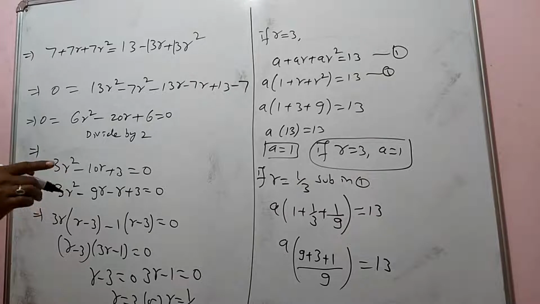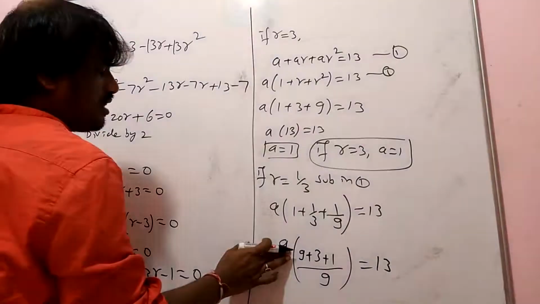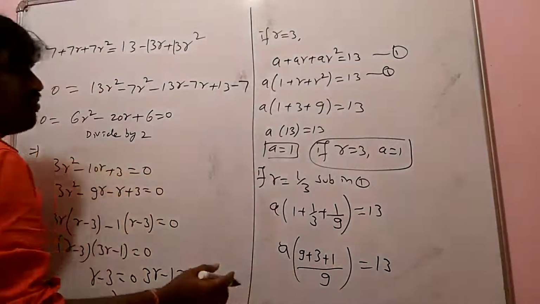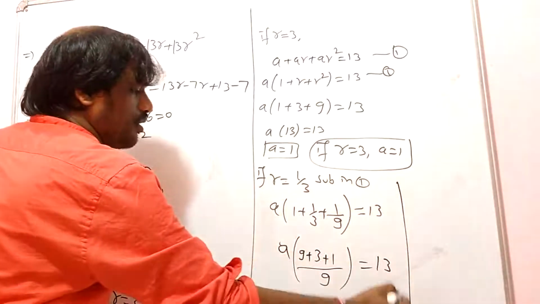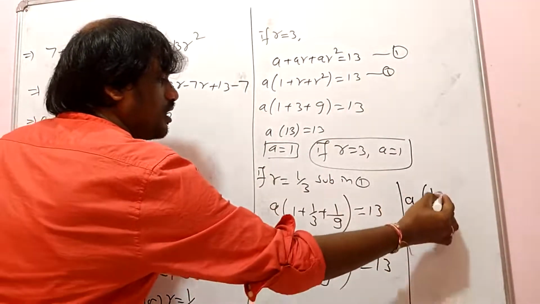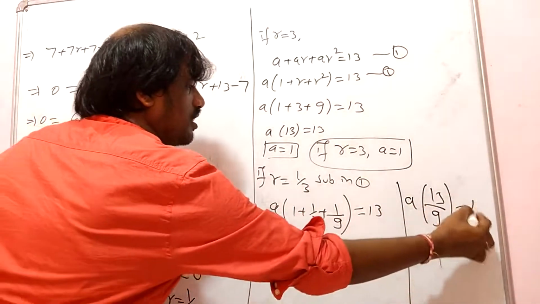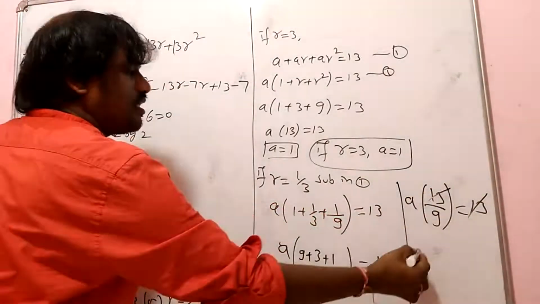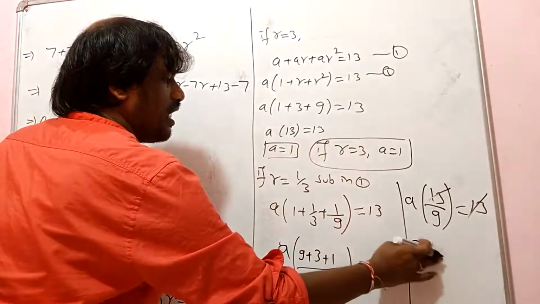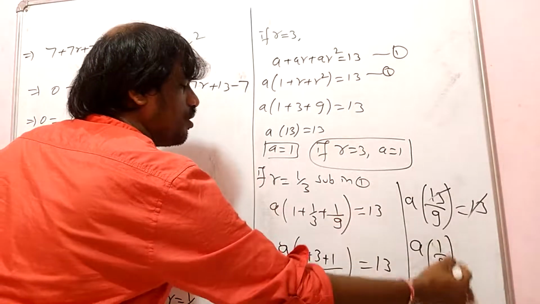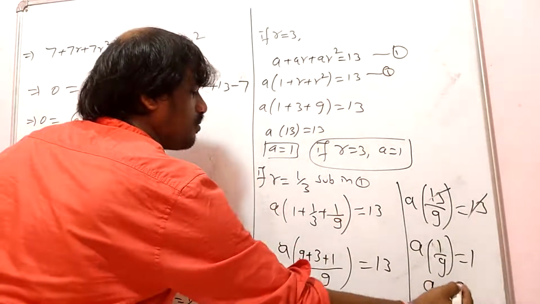So a into 13 by 9 is equal to 13. 13 cancel. So a into 1 by 9 is equal to 1. So a is equal to 9.